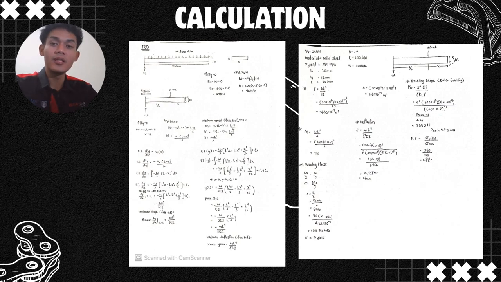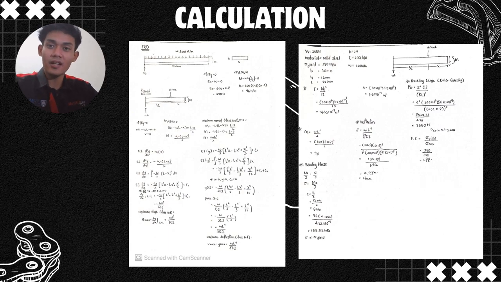Using Euler-Bernoulli beam theory, the maximum deflection occurs at the free end and is approximately 18 millimeters. The beam is made of mild steel with a yield strength of 250 megapascal, and the maximum bending stress calculated is 133 megapascal, which is lower than the yield strength, indicating the beam is safe in bending.